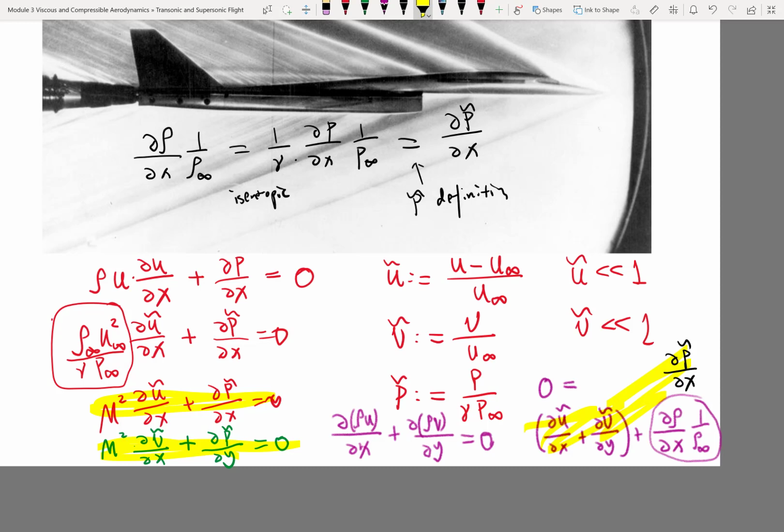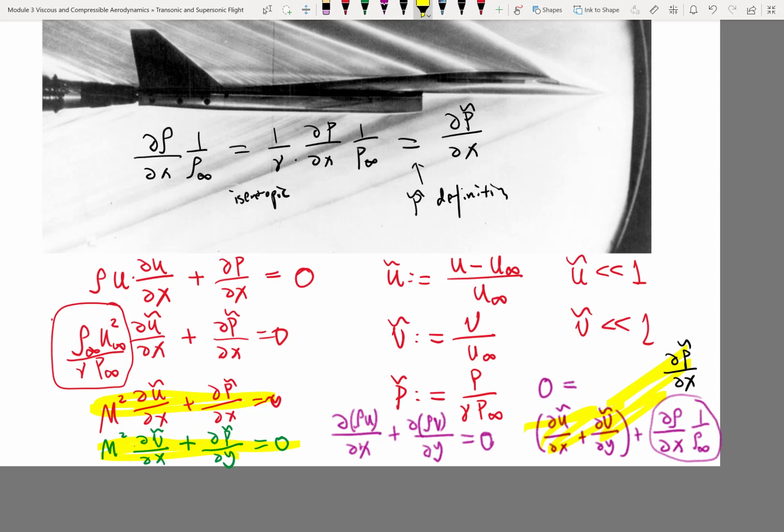When m squared is less than 1, the set of equations forms what's called an elliptic set of partial differential equations. If you study partial differential equations, this is probably the first thing you learn: when you have linear partial differential equations, the distinction between elliptic type, parabolic type, and hyperbolic types.